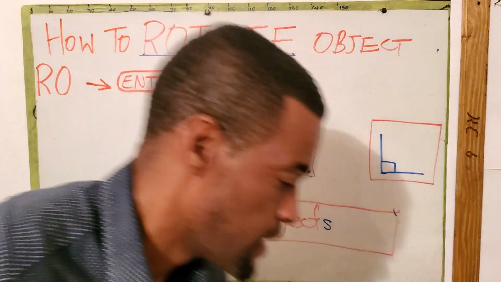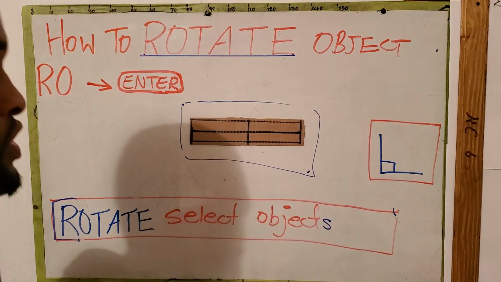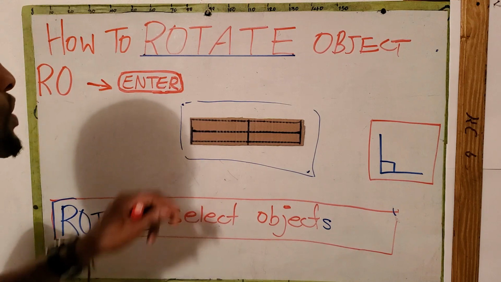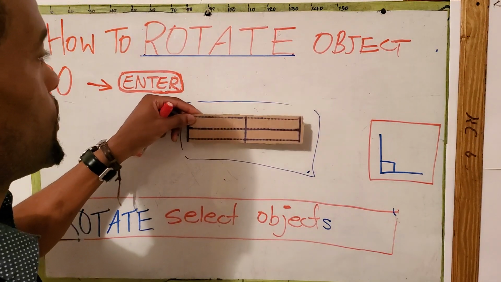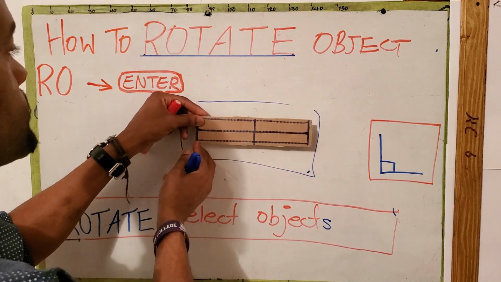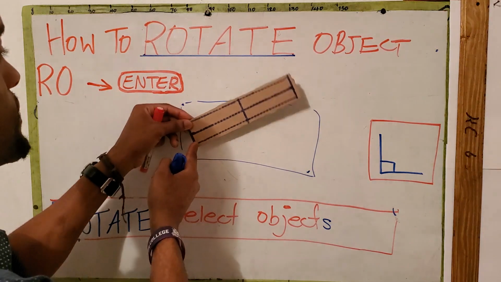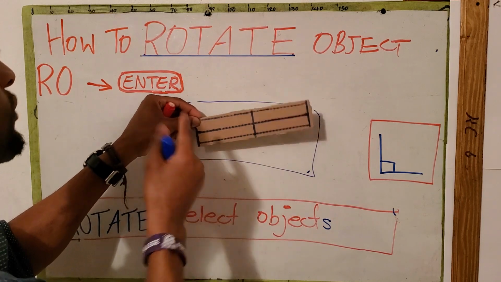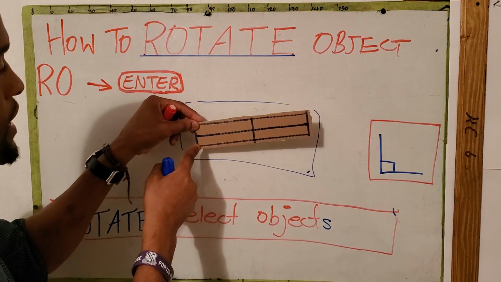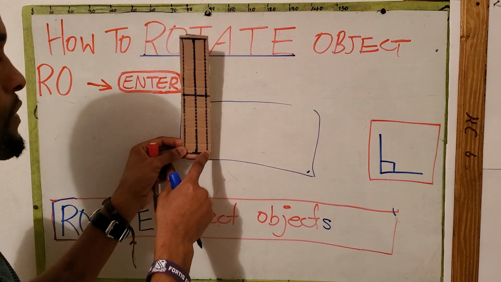The base point here is the point where you want this object to pivot. For example, if you choose here as a base point, the object will pivot here.